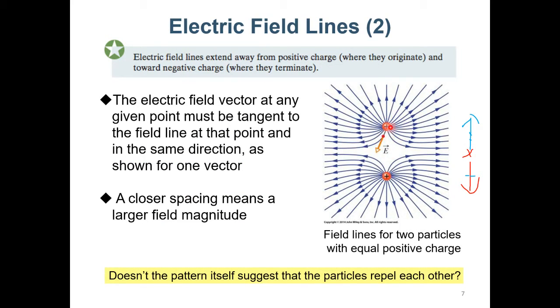You have two charges, no matter whether both are positive, one positive and one negative, or both negative. You can calculate the E field generated by this charge, and then the E field generated by that charge, and then for every point you add them together.